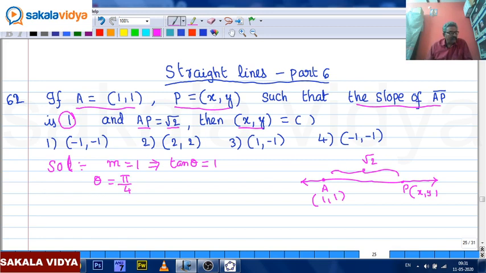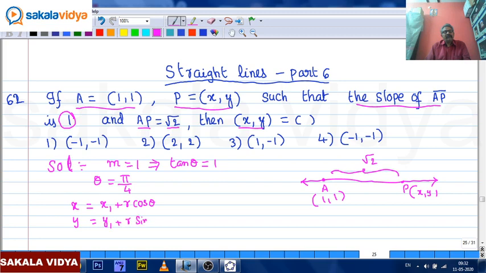Now we need to find the coordinates of P which are at a distance of root 2 units from A, so we use parametric equations. x is equal to x1 plus r cos theta, y equals y1 plus r sin theta.